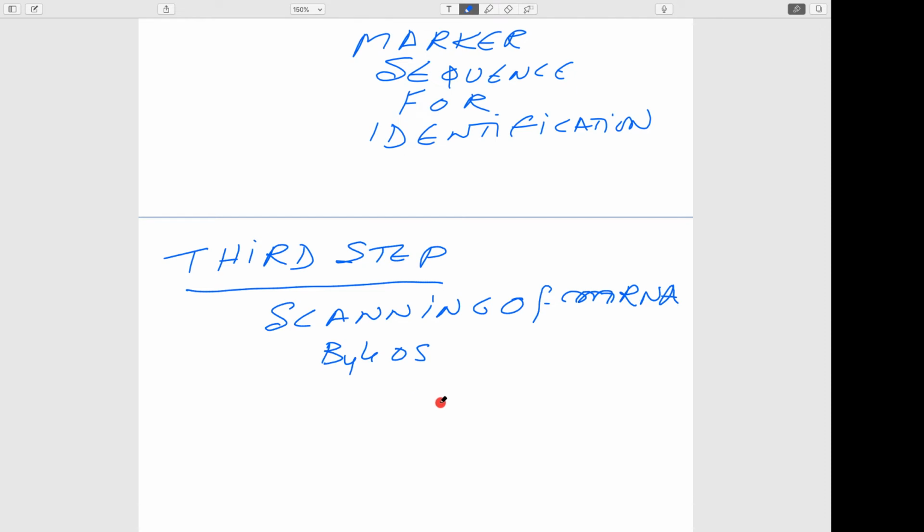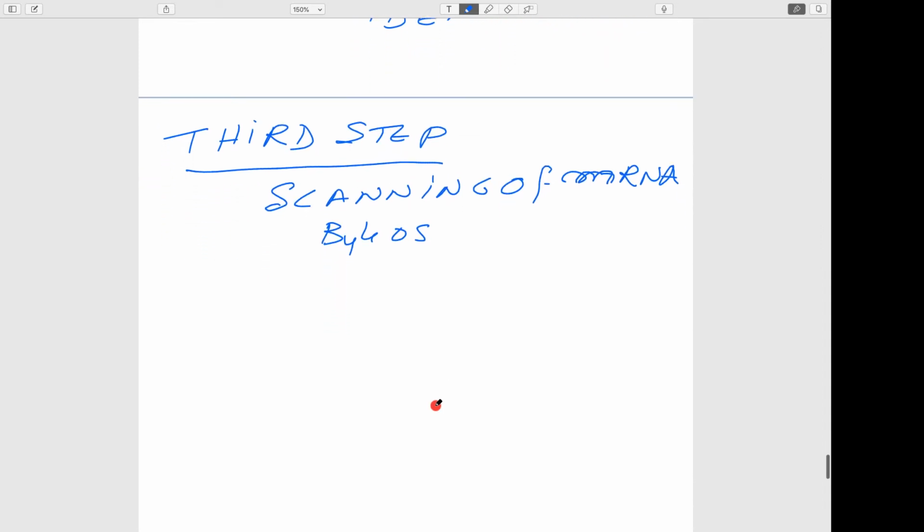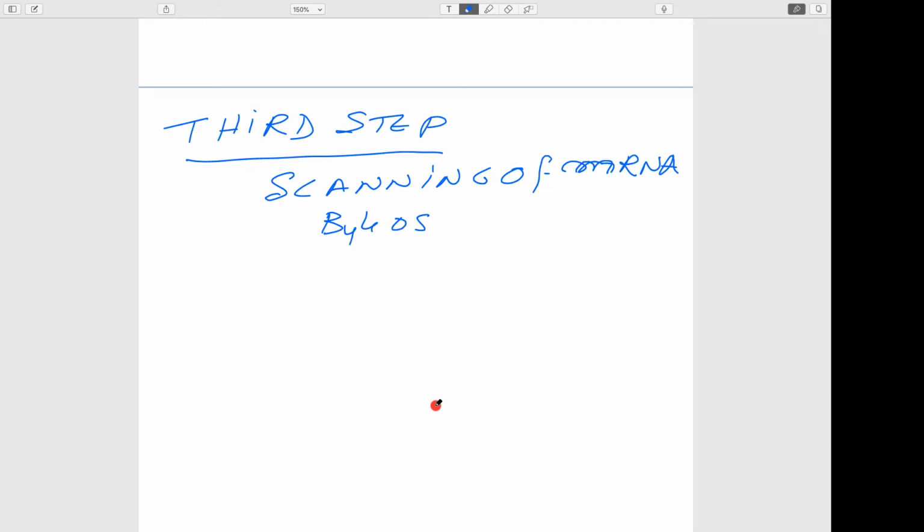What is that initiator codon? The initiator codon is AUG. Further, what do we require? Energy is required, in the form of ATP. ATP is converted to ADP. And what happens?